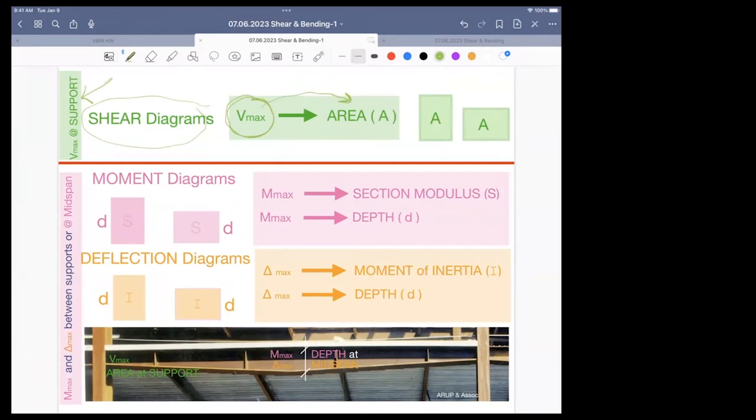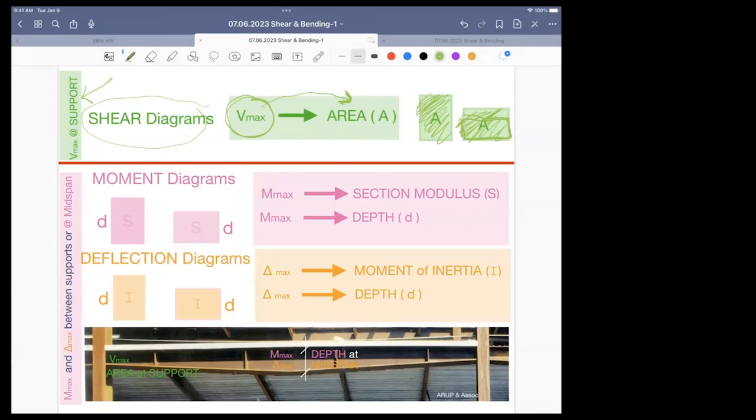It's going to tell you how many square inches of material you need. Wood, steel, concrete, doesn't matter. Maximum shear happens at the support. Maximum shear determines how many square inches of material needed. It doesn't say you need to have it vertical or horizontal. It doesn't matter. All it cares for is that many square inches.